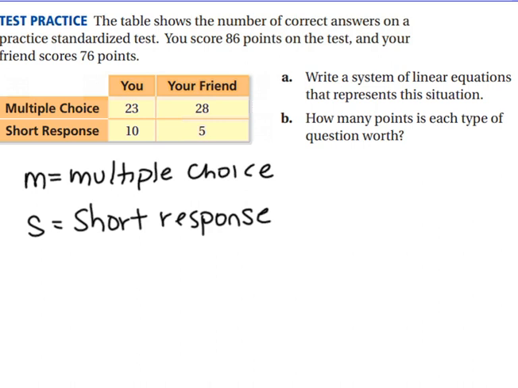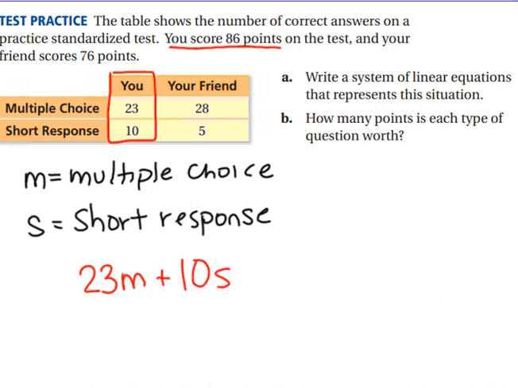So the first equation I'm going to write represents your information. So I have this and I have this. So multiple choice, I got 23 of those correct. So 23 times the number of points each of those would be worth, plus 10 times the point value for the short response, all together should equal 86 points.